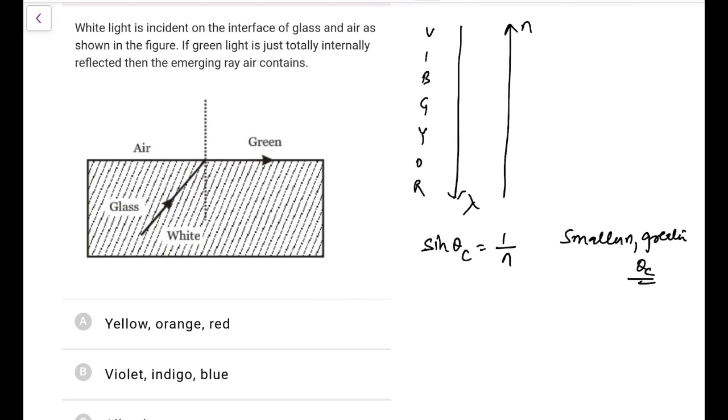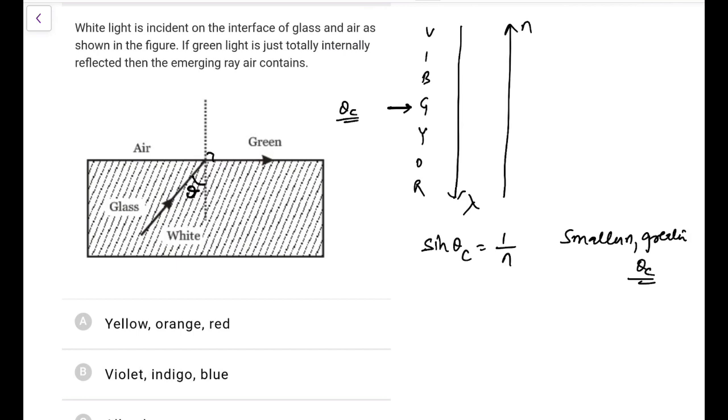For the green one, it is just making 90 degrees at refraction, so we need to see which rays escape and which undergo TIR. For this particular angle, theta is just the limiting theta c for green, and as n increases, theta c decreases.